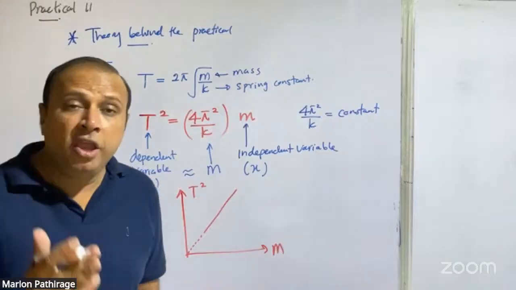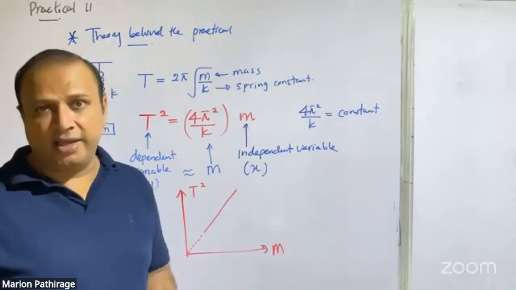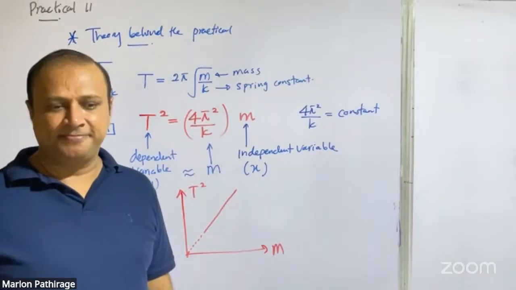Therefore, if you got this kind of graph, we can verify this relationship is valid. Is that clear?